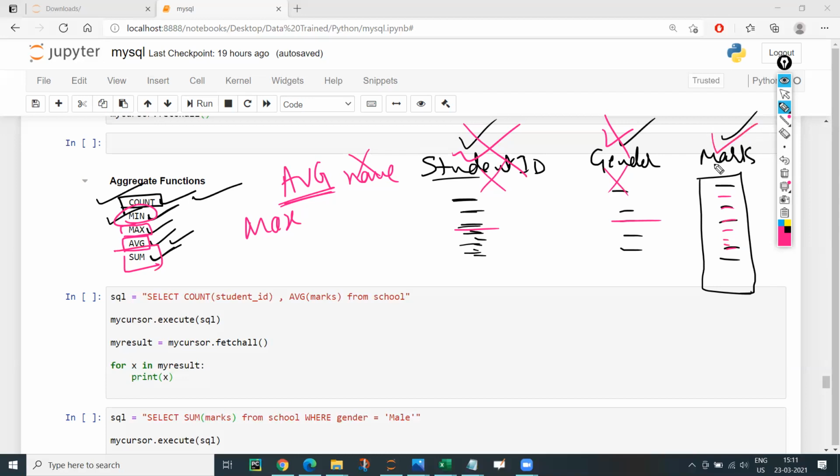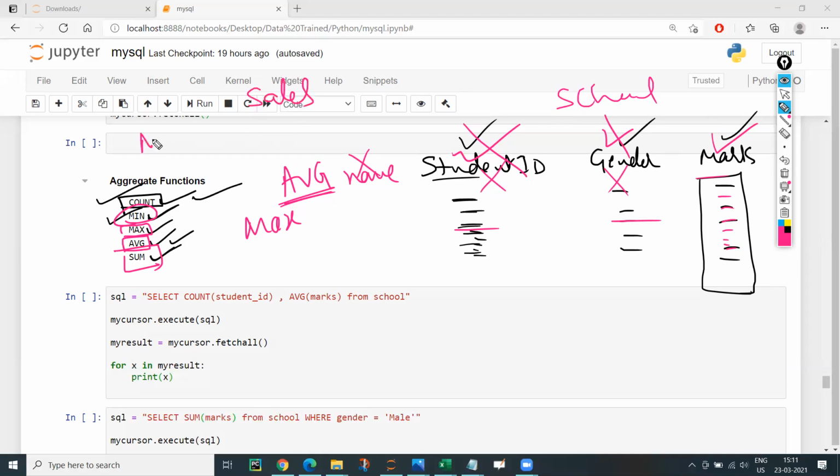Total marks of any student, maybe test 1, test 2, test 3, or in our school case, the final year exam, the total marks. Or in a business, we will have sales.